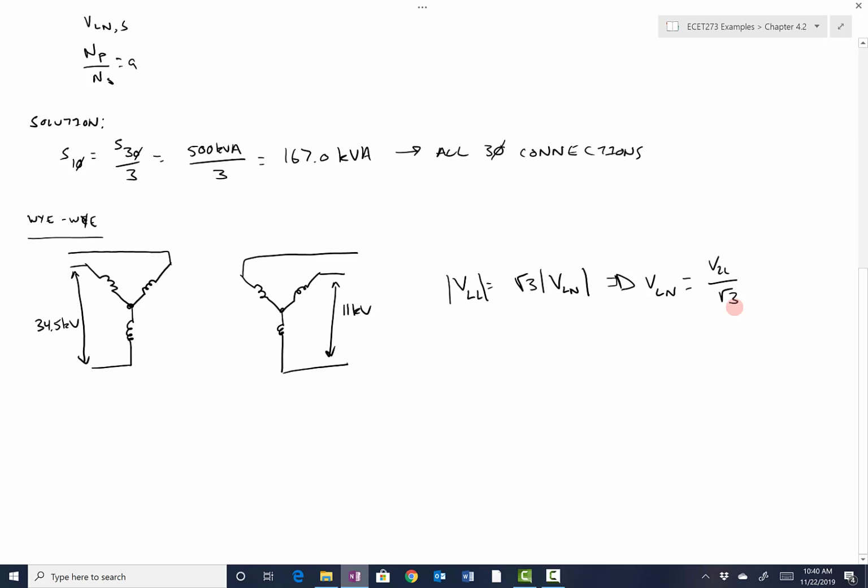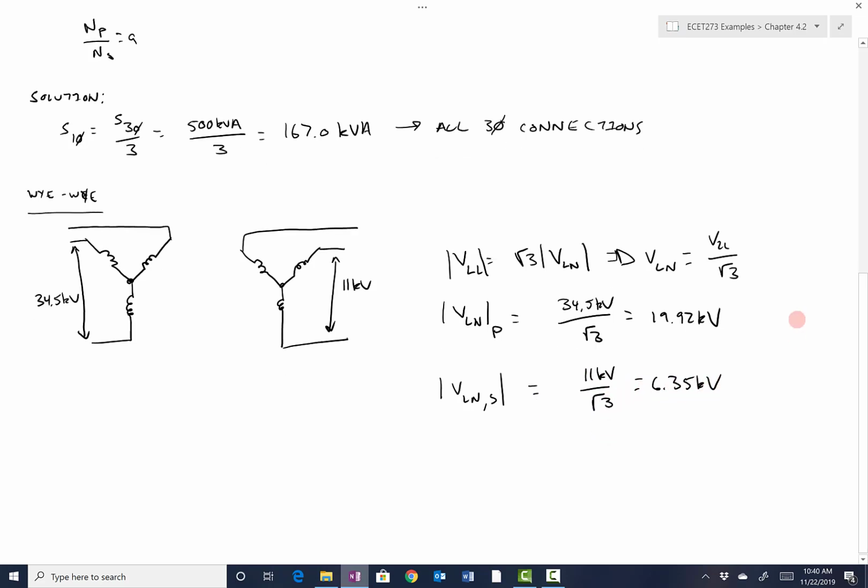We'll just do that calculation twice, once for the primary side and once for the secondary side, since both of them are configured in Y. So the magnitude of the line to neutral voltage on the primary is 34.5 kV divided by the square root of 3, which gives us about 19.92 kV. I've rounded that a little bit. And then the line to neutral on the secondary is 11 kV over the square root of 3, which gives us 6.35 kV.